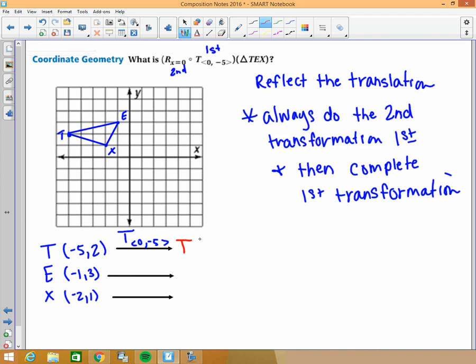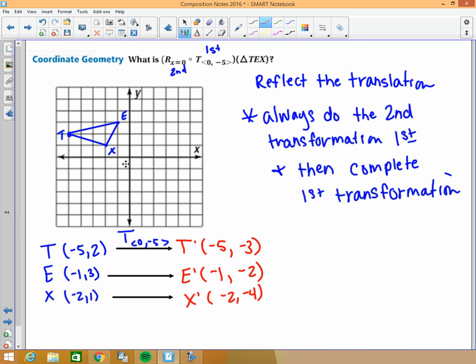So T is going to become -5, so we added 0 to x, and then we're going to subtract 5 from 2, so -3. E is going to become -1, -2. And X is going to become -2, comma, -4.